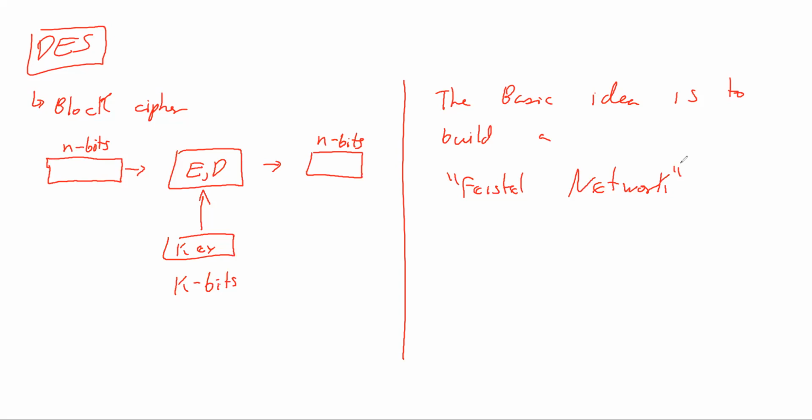Now given some functions f1 to fd, these functions map, and we still need to define those functions.